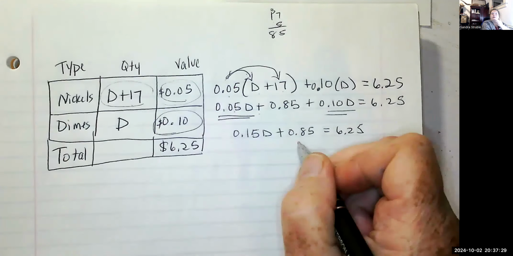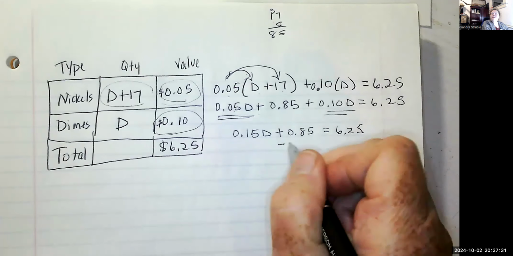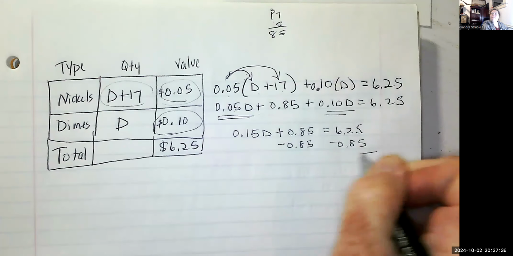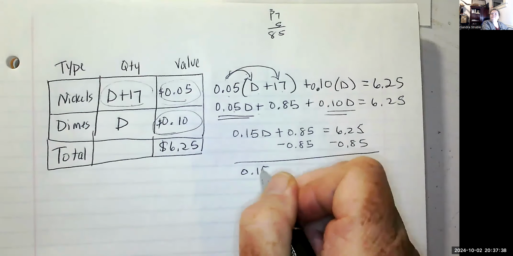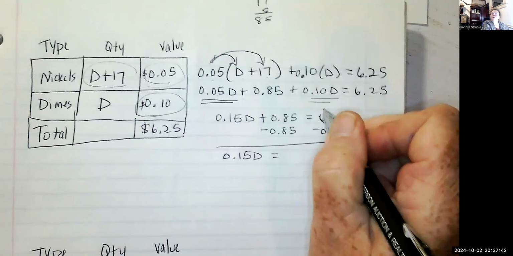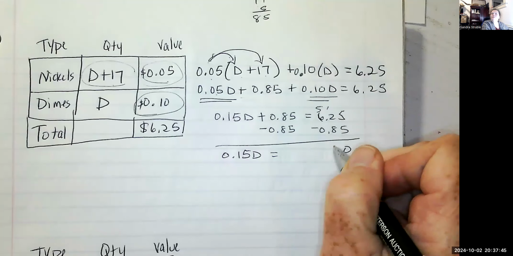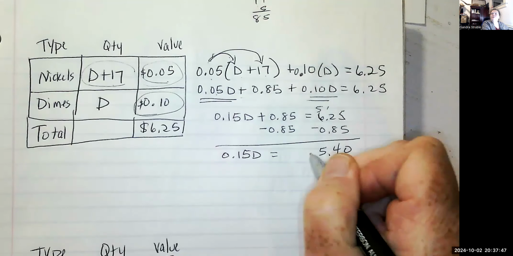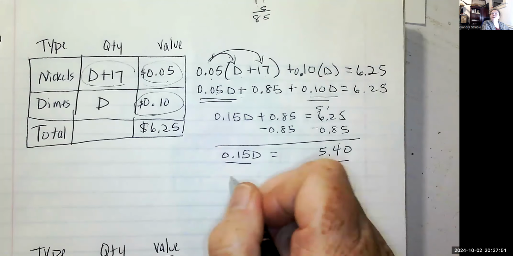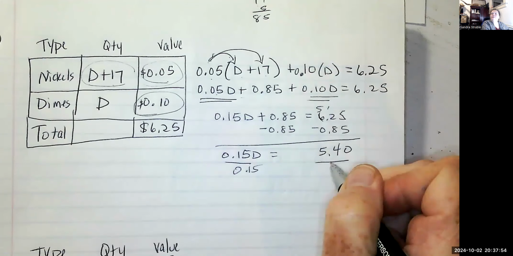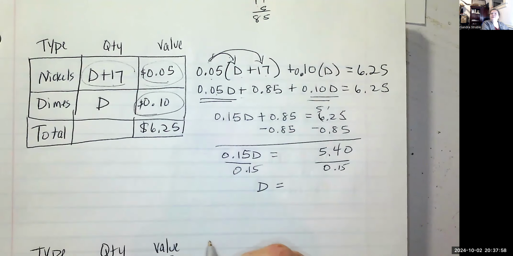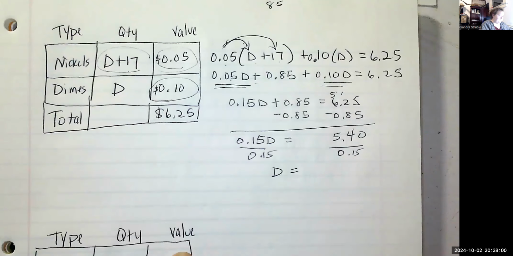All right, and now to isolate how many dimes there are, I need to subtract 85 cents from both sides. Five minus 5 is 0. I need to borrow, 8, 9, 10, 11, 12. That's $5.40. Okay, and then I have to divide both sides by 0.15. And what is D equal to?